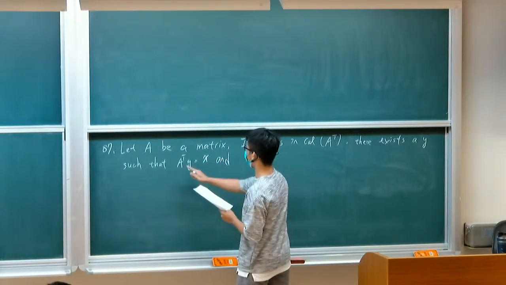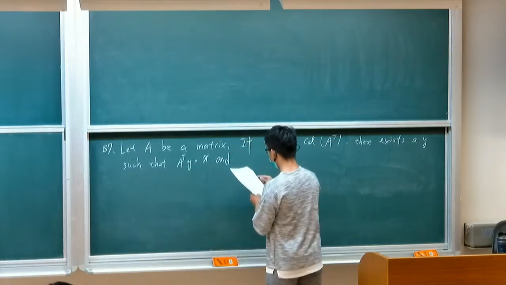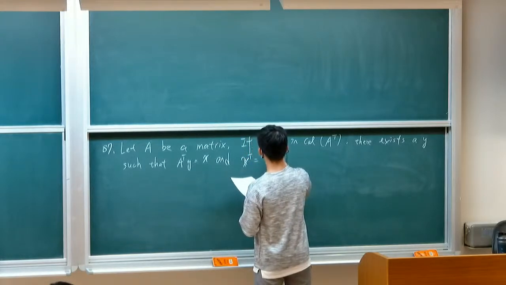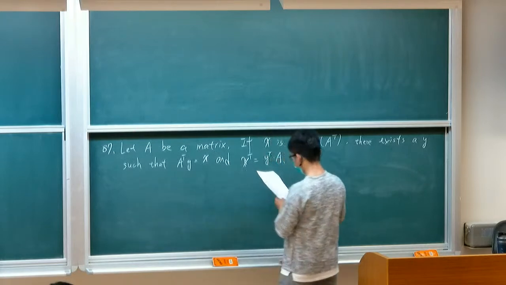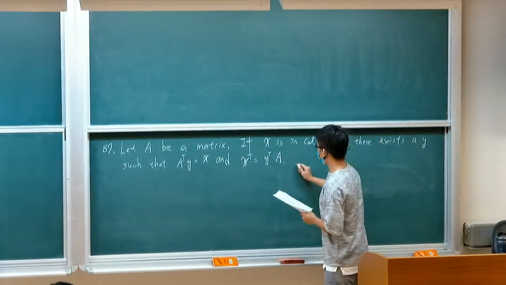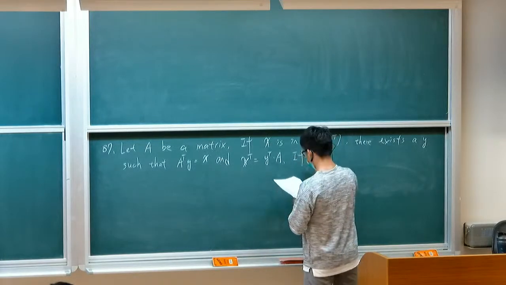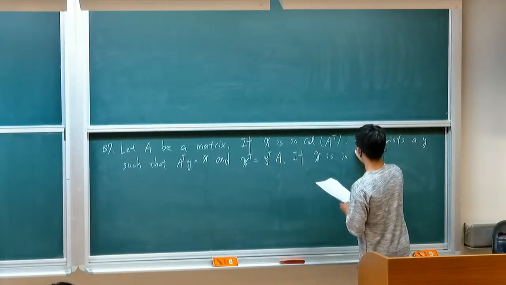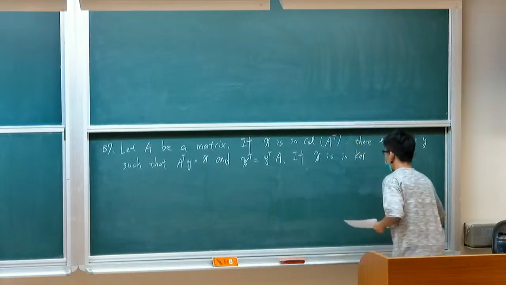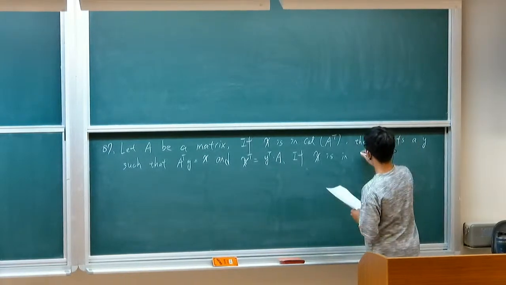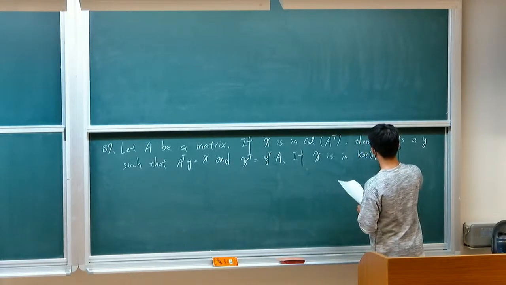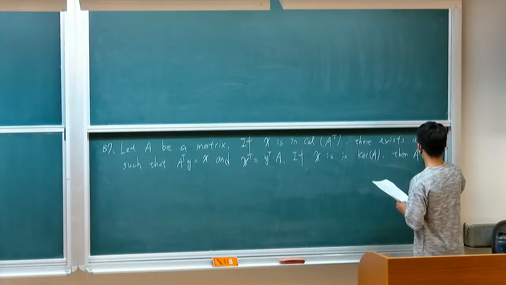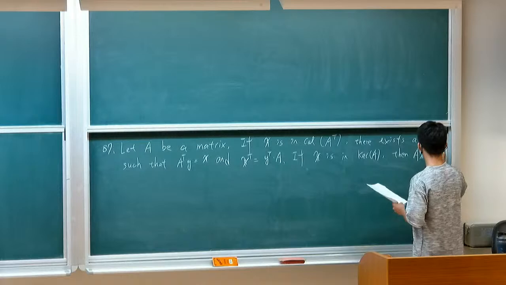Here we take the transpose of both sides of this equation, and we have the transpose of X is equal to Y transpose times A. Now we assume X is also in the kernel of A, then we have AX is equal to 0.